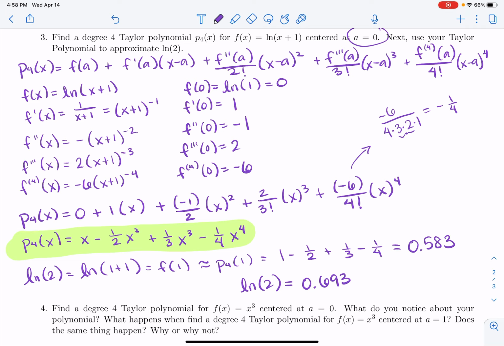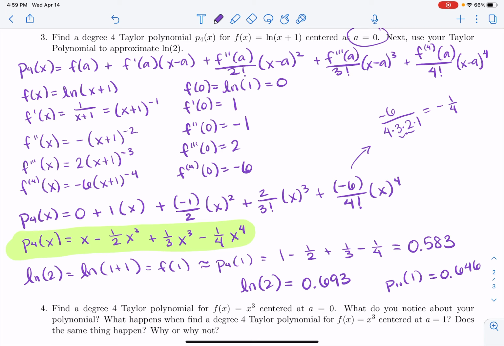If I added 1 minus 1/2 plus 1/3 minus 1/4 plus 1/5 minus 1/6 plus 1/7 minus 1/8 plus 1/9 minus 1/10, if I go all the way up to 10, like a 10th order Taylor polynomial, P10 of 1 is equal to 0.646.